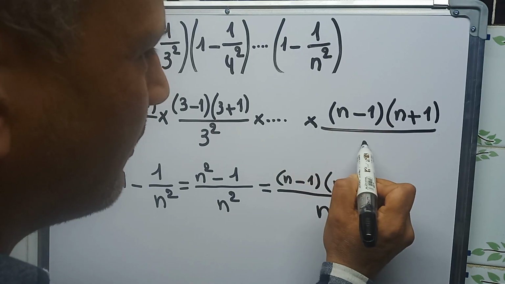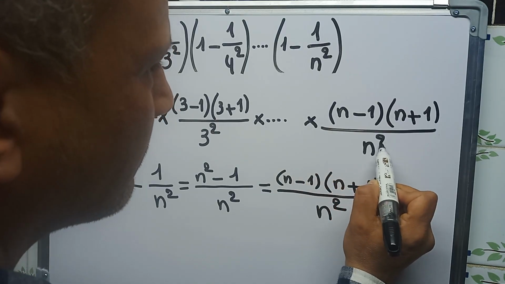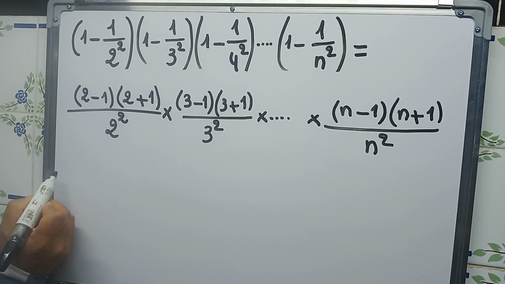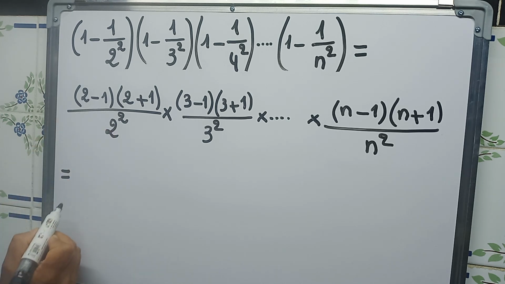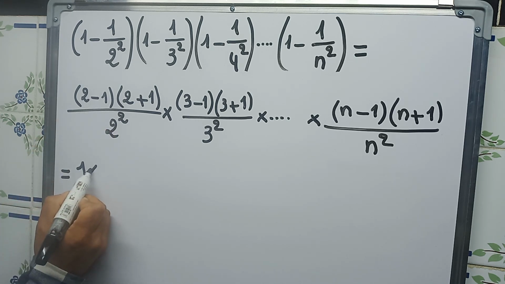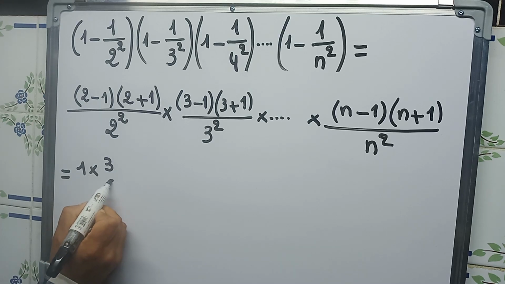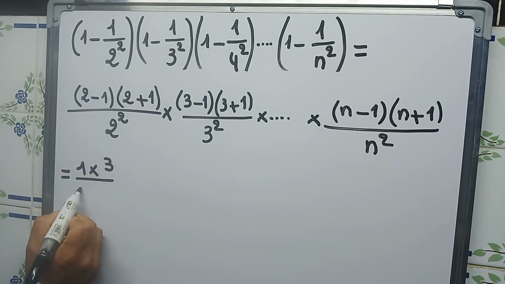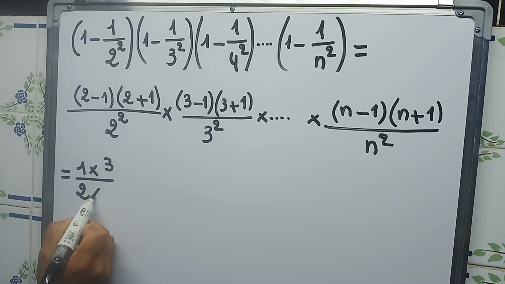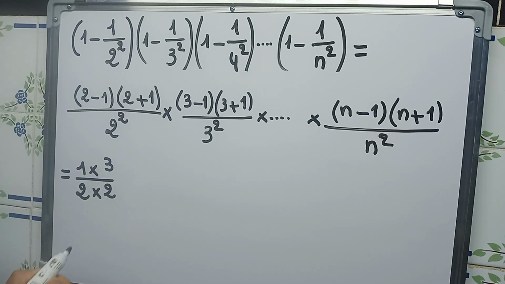over n squared. And it's, of course, equal to 2 minus 1 is 1 and 2 plus 1 is 3 over 2 squared, which is just 2 times 2.